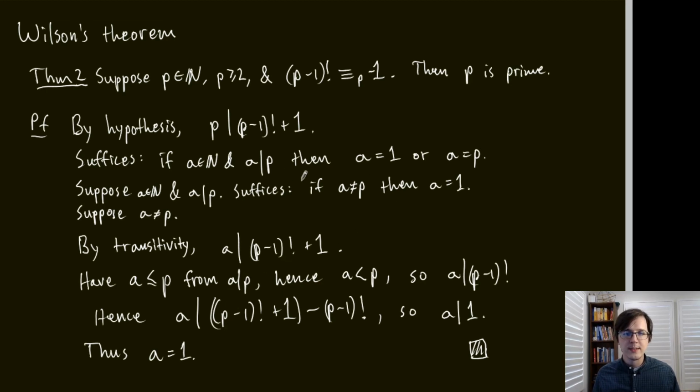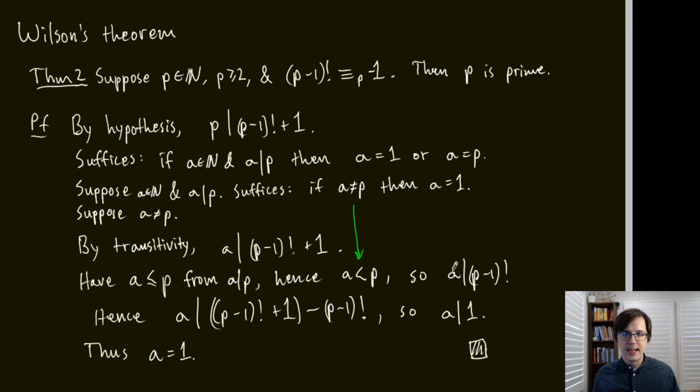We assumed that a is not p, so it's not equal, so it's actually strictly less. And since it's strictly less, that means it's less than or equal to p minus 1. So it actually shows up as one of the factors in the factorial. So it definitely divides it.